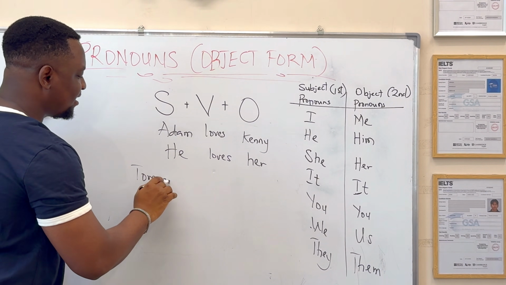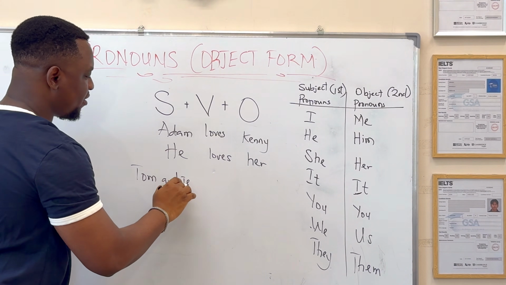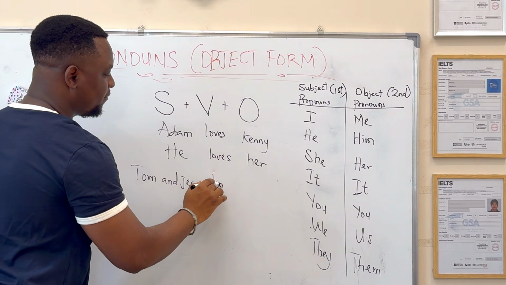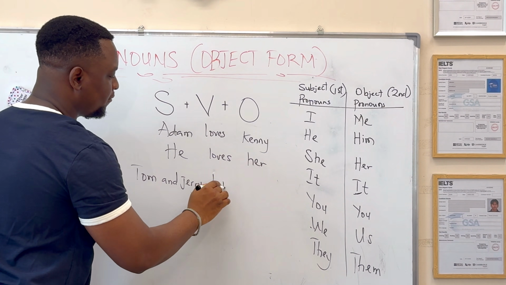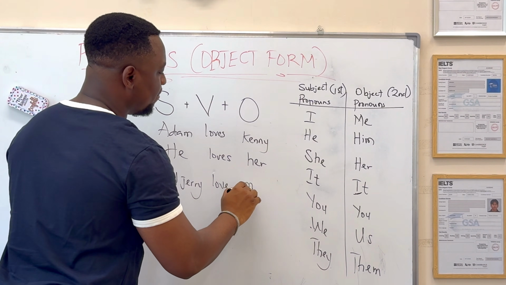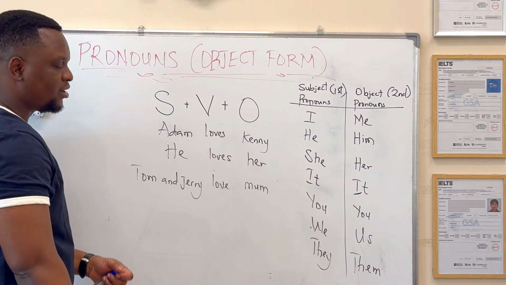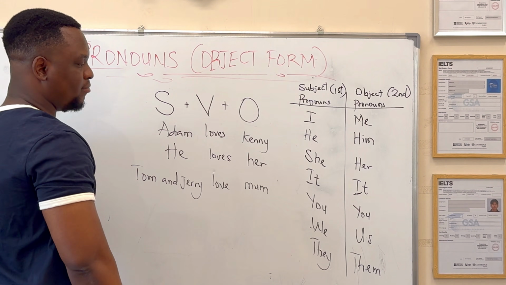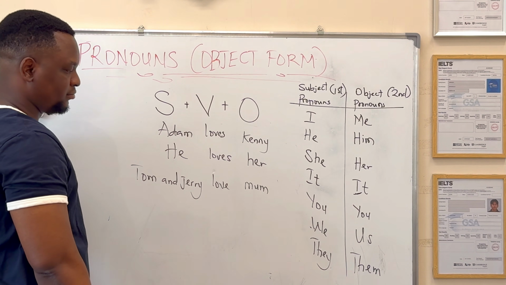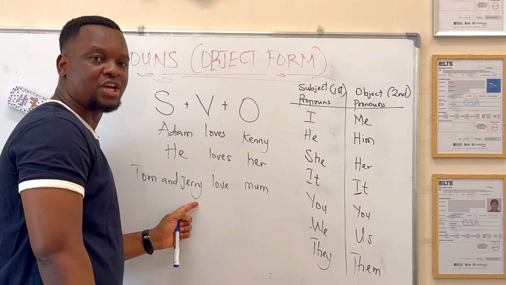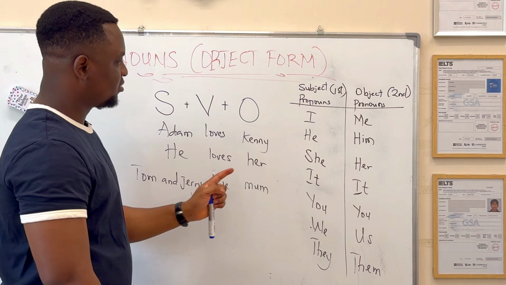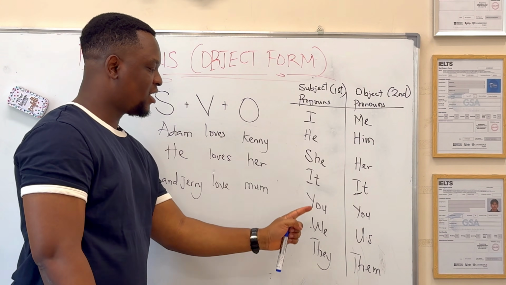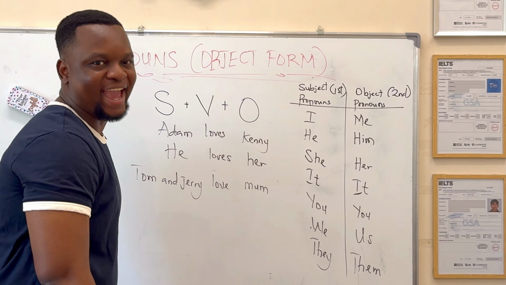You can say Tom and Jerry love mom. Tom, let's say he, plus he becomes they.